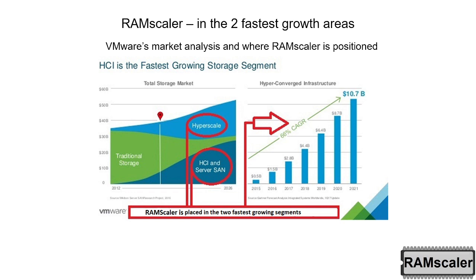So RAMscaler is designed for limitless capacity and limitless size, and we're leveraging file systems that have a theoretical limit. We've not hit those limits, of course. Those limits do exist, I will say, but those limits are very large, and most organizations would never reach them, frankly. And so the whole idea of this solution is to address this hyperscale area of storage, and of course this hyperconverged area and server SAN area of storage too.